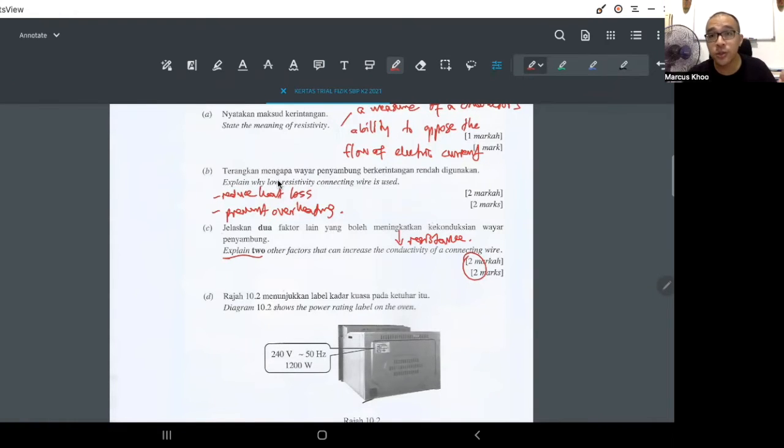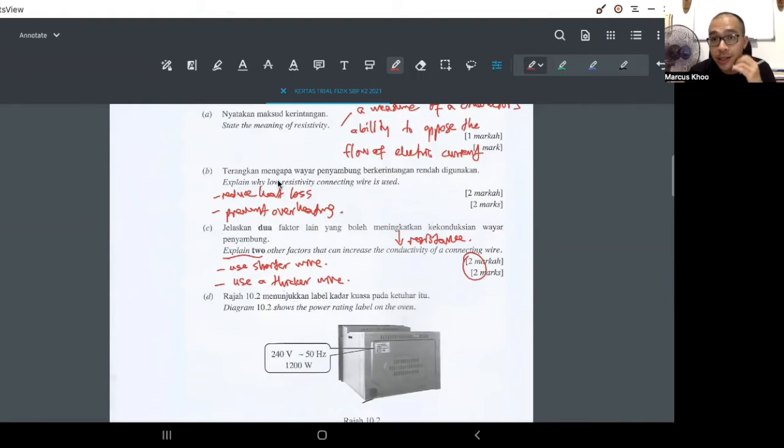How do you reduce the resistance of a wire? You use a shorter wire, because a shorter wire has less resistance. Another one is to use a thicker wire. A short and thick wire will definitely have very little resistance.